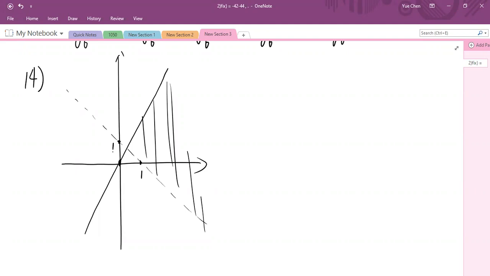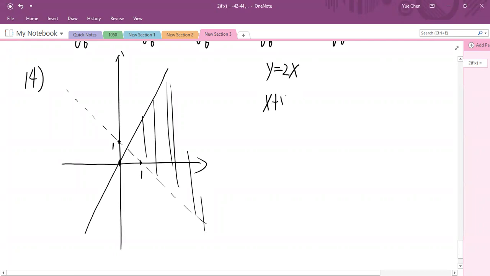One boundary is y equals 2x, no matter whether it is greater than or equal or less than or equal. The boundary is always y equals 2x. Another boundary is x plus y equal to 1.